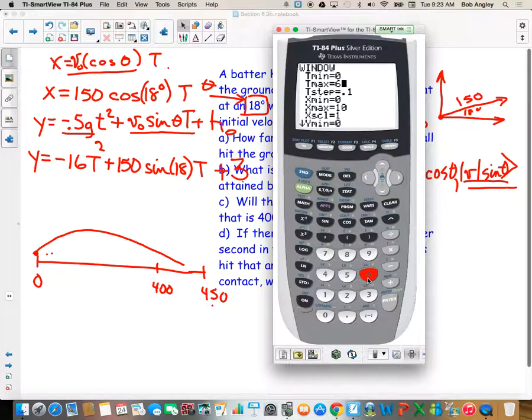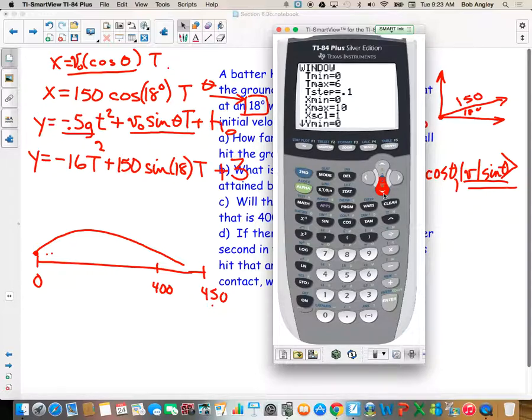So leaving the t step as 0.1 is still good. Now let me go to mode before I forget. I need to get to degrees. Okay, now let me go back up here to window. All right, so we want 0 to 6.